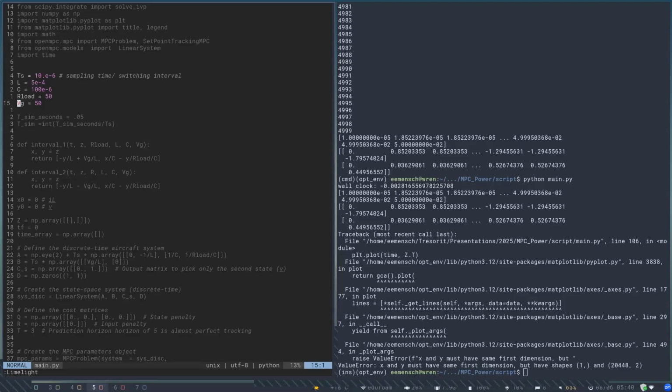And that would be the error, right? Do I care about anything else really? Probably not. I care that my input should be constrained. Maybe I have safety limits on the voltage and the current of the inductor as well. But that's the most basic problem.